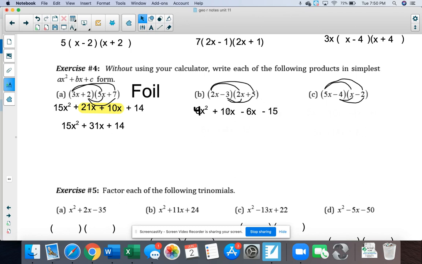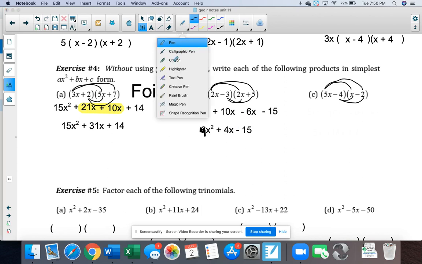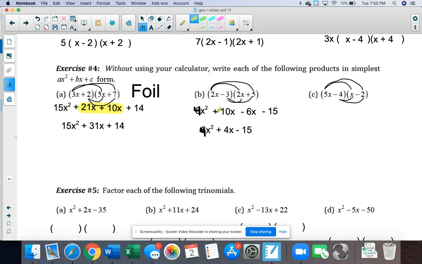You get four terms, and these two middle terms I can combine together. And I'm probably going to have to fix this down here too. At least I was consistent and made the same mistake twice. This should be 4x squared plus 4x minus 15. Again, those two middle terms get combined to give me 4x. Positive 10x and negative 6x is positive 4x.